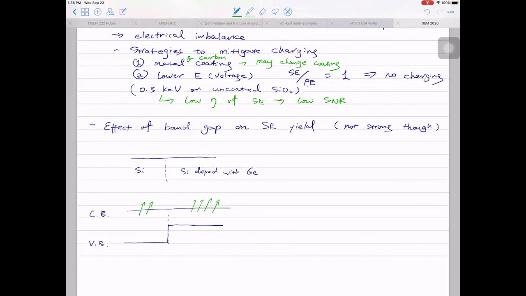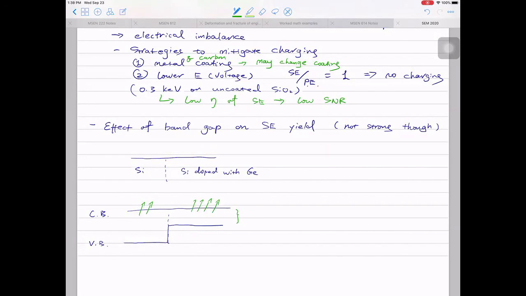Why? Would you like to give a try? It's a narrower space, so there's less barrier to overcome to get to the conduction band. Excellent. So the band gap is smaller, so the electrons are more loosely bonded to the nuclei in the material, and it's easier to knock out these electrons.